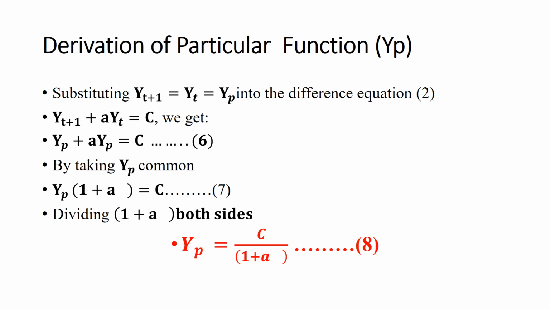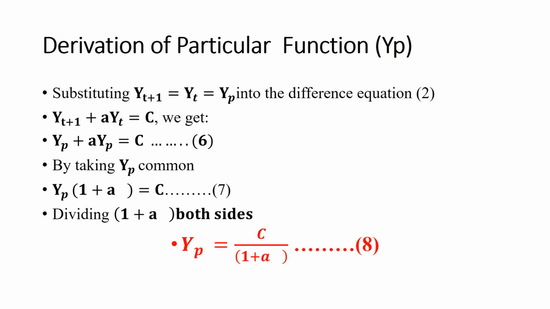Because we want to find the value of yp, we divide 1 plus a on both sides of the equation. Remaining, we will get the value of the yp, that is the particular integral. So yp is equal to c over 1 plus a.